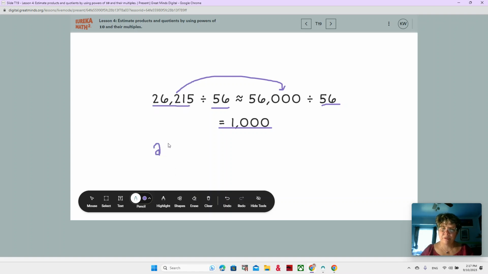What if we used 25,000? Pretty close. Divided by 50. Or 24,000 divided by 60. Right? Much better choices.